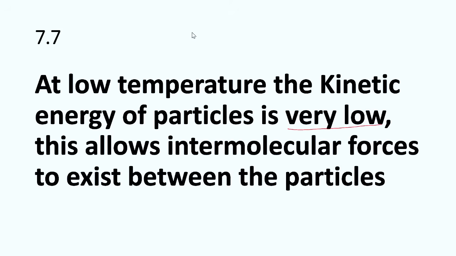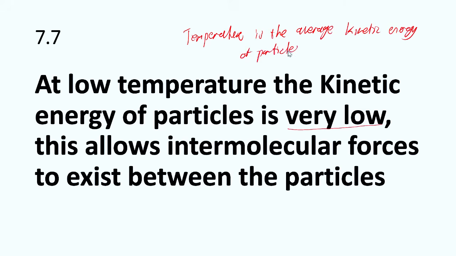Remember, when we speak of temperature, by definition, temperature is the average kinetic energy of particles. So when we speak of temperature, we are actually speaking about the kinetic energy of particles. So at low temperature, the kinetic energy of particles is very low. So low temperature, low kinetic energy, yes.